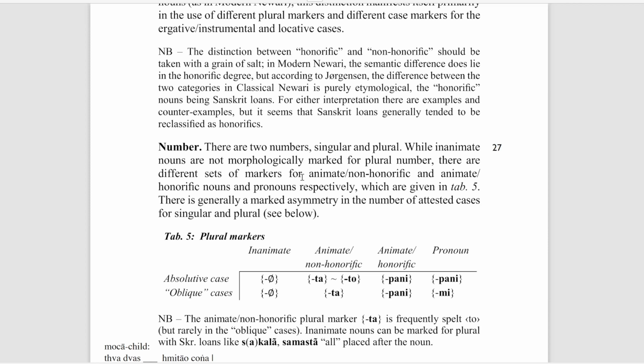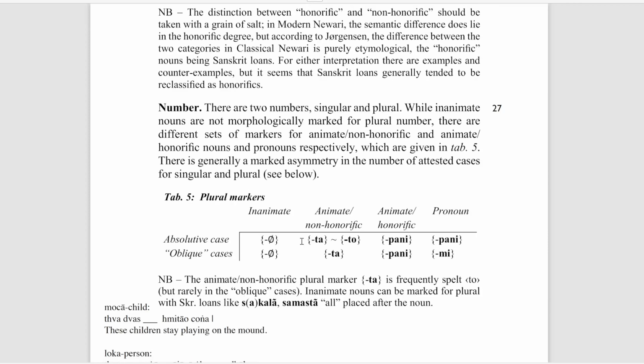So the plural marker is just added to the absolutive case. For animate subjects, we have the "da" and "do" as the plural marker. But actually, while reading, I don't often encounter this.